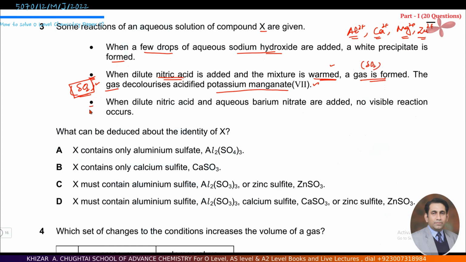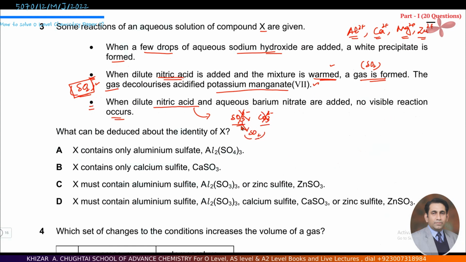Third one, when dilute nitric acid and aqueous barium nitrate are added, no visible reaction occurs. Remember that when we add dilute nitric acid to any compound containing SO3 2 negative ion or CO3 2 negative ion, the dilute mineral acid basically destroys these ions and converts them into gas.